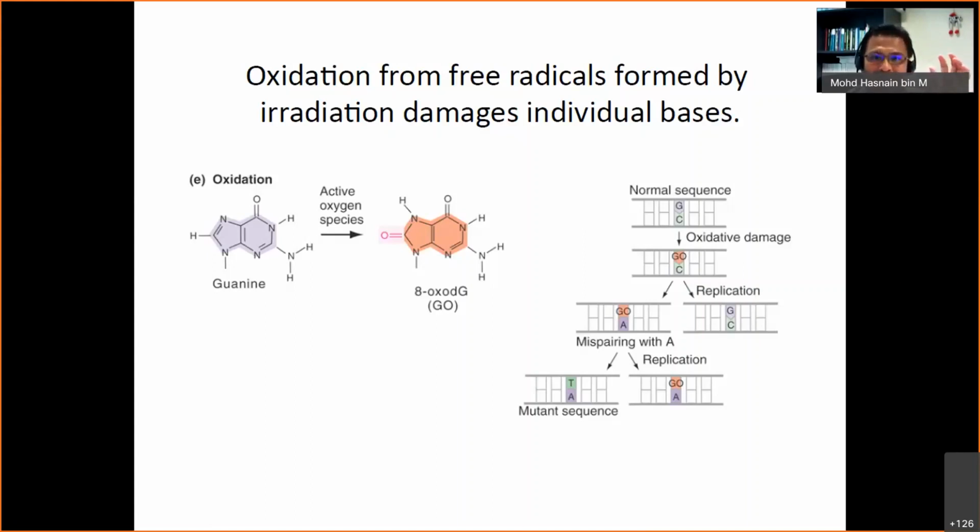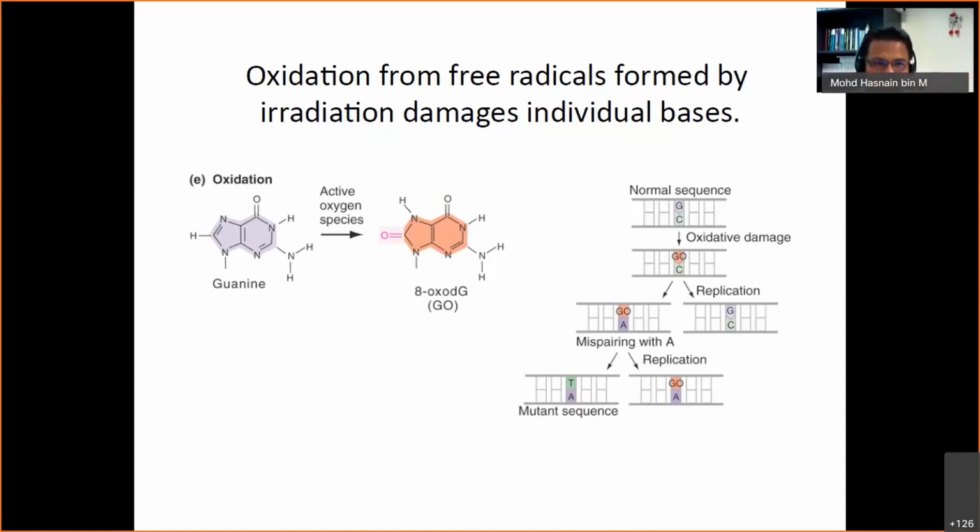So to answer what Song asked, for passing the mutated gene to the next generation, the mutation has to occur in the gametes.